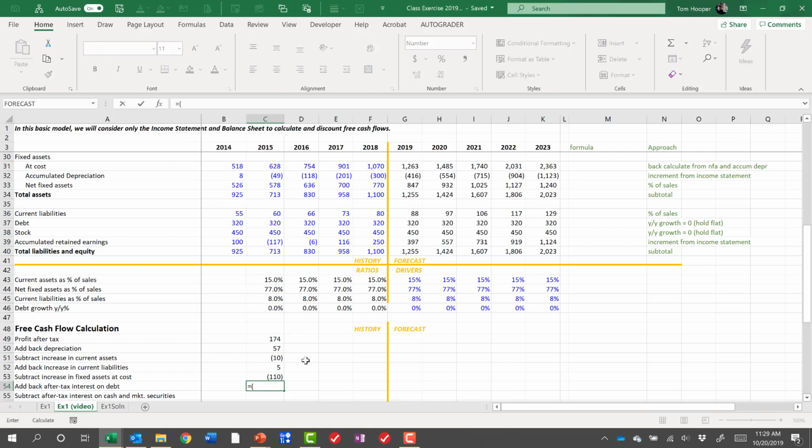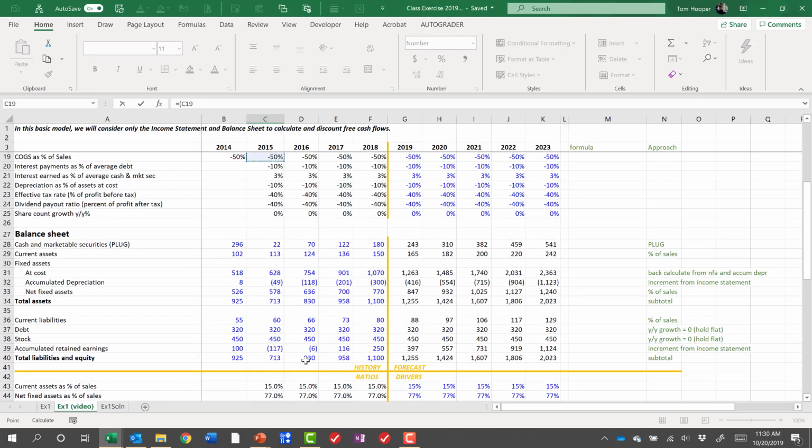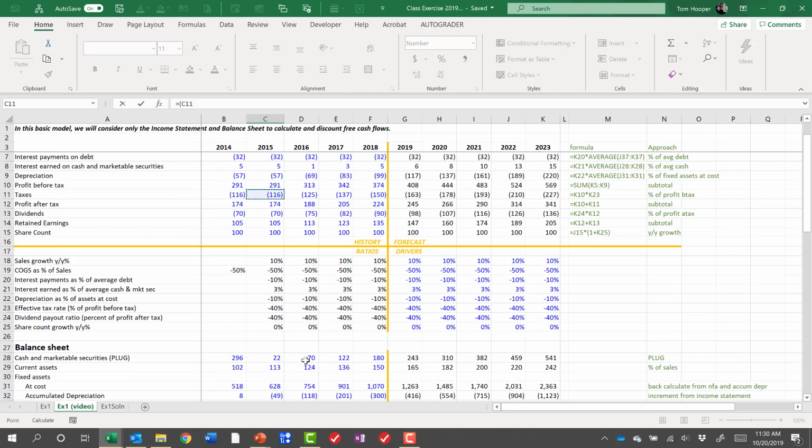And then finally, we will add back our interest on the debt after tax. So we need to get our interest that we paid on debt times, and we would say 1 minus the tax rate to get after tax.